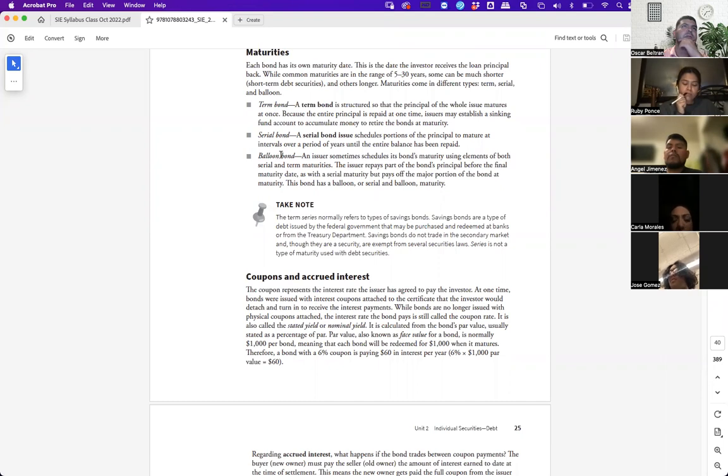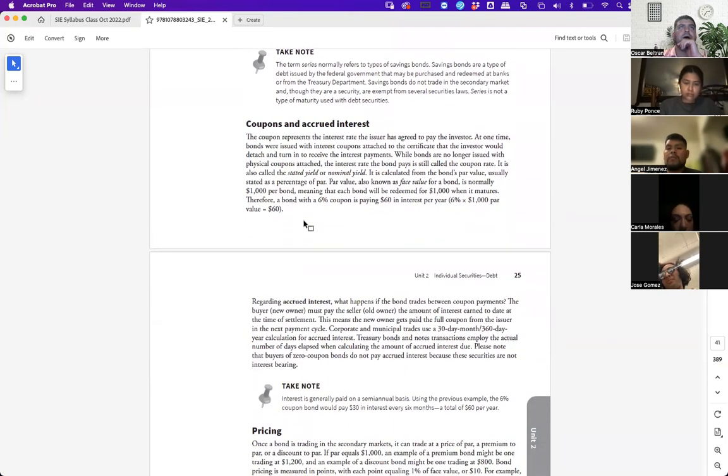Now, right here with the balloon bond, it's going to have a mixture of serial and term maturities. All that means here is that it's going to have certain payments where it's, let's say, $100 each month. And then one month, it's going to be $1,000 or $2,000, but pretty much it's going to be a giant lump sum. That's why it's called a balloon. It's a big payment at the end. Okay. Any questions?